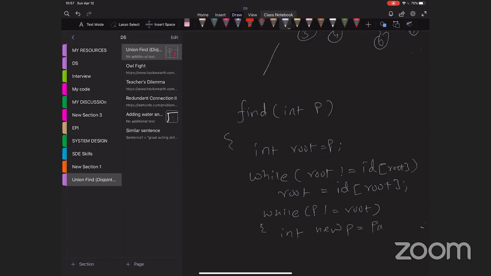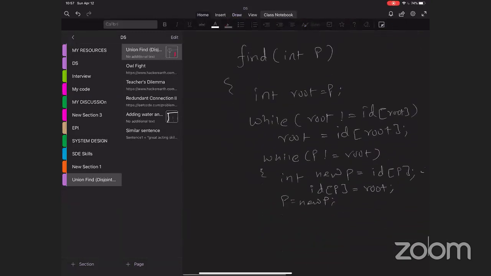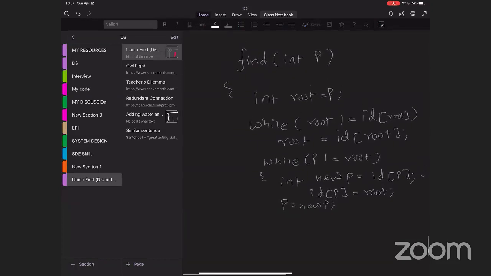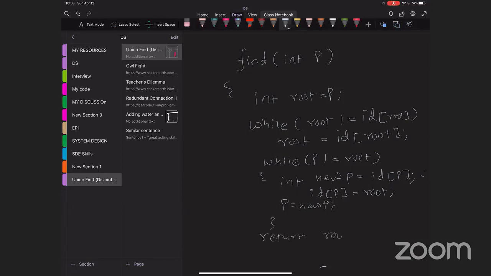New P equal to... So what I'm doing is that I'm finding the root, then I'm going through the same path again, by using this P that we haven't changed.